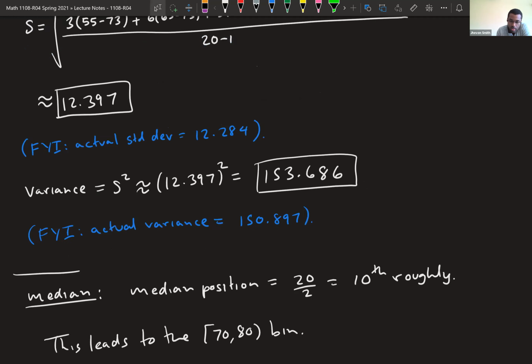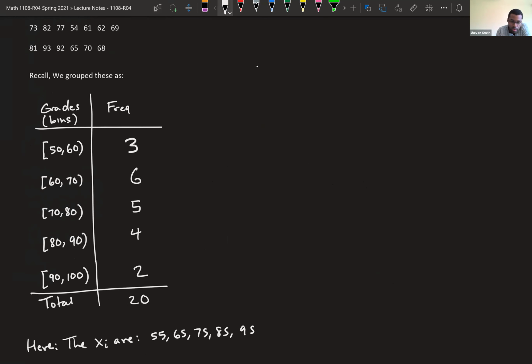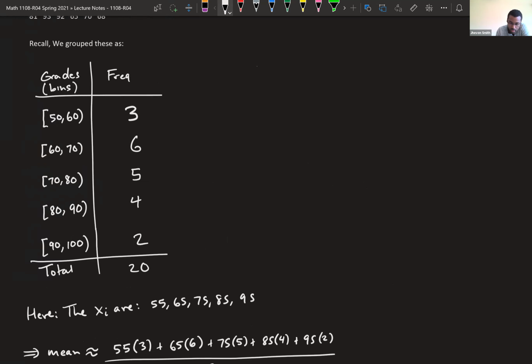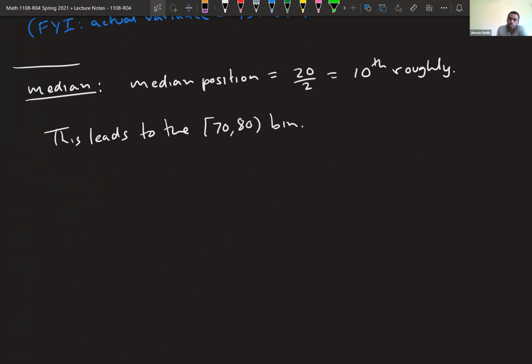How do I know? Well, there were 3 in the first bin, 6 in the second. That accounts for 9. So I need 10, so I need 1 more in this bin. So the median is going to end up in the 70 to 80 bin. Now I'm going to find the spacing of all the values.